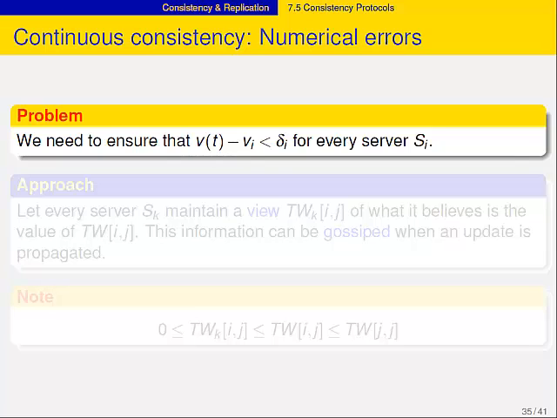I'm going to assume that delta i is the same for every server, so it's delta. Basically, no server is allowed to have a local value of x that deviates more than delta units from what x should really be from an external's point of view. Did everybody understand what I just said?